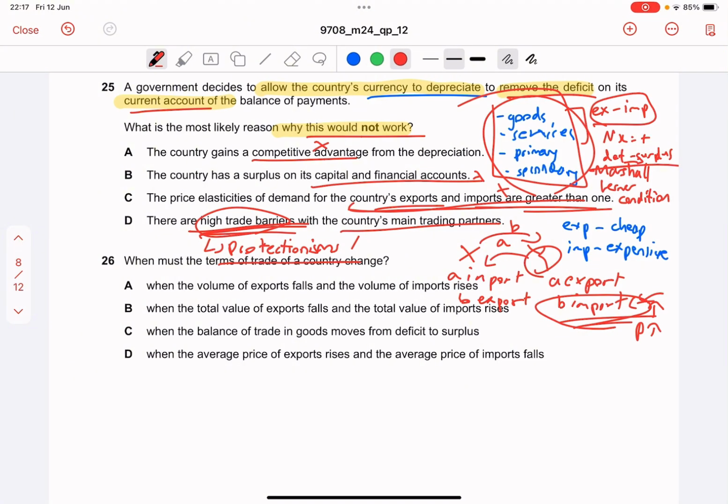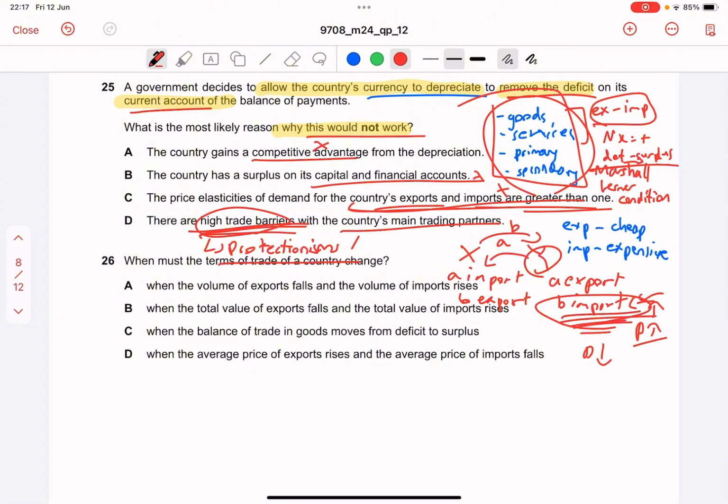And if it's not cheap, then consumers are not attracted to purchasing imports, meaning the demand for imports will fall. Also, other protectionism methods or high trading barriers could also mean embargoes, which is a complete ban on my imports, or quotas, which is where you limit the number of imports that can enter the country.